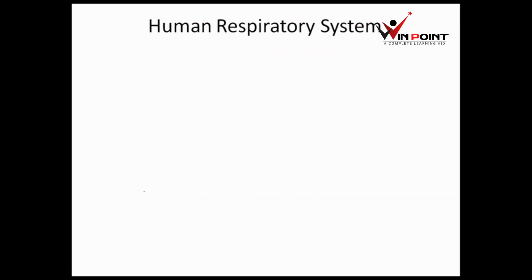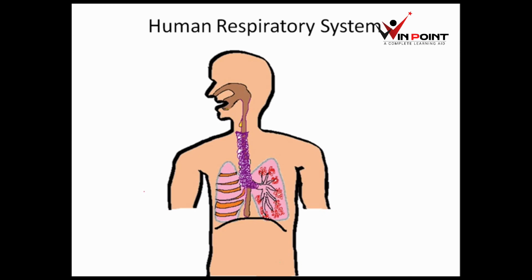Human respiratory system. Let us understand how the process of respiration takes place with the help of a diagram. You can see the structure of a human body. Firstly, the air enters through the nostril. First part is nostril, nasal cavity.